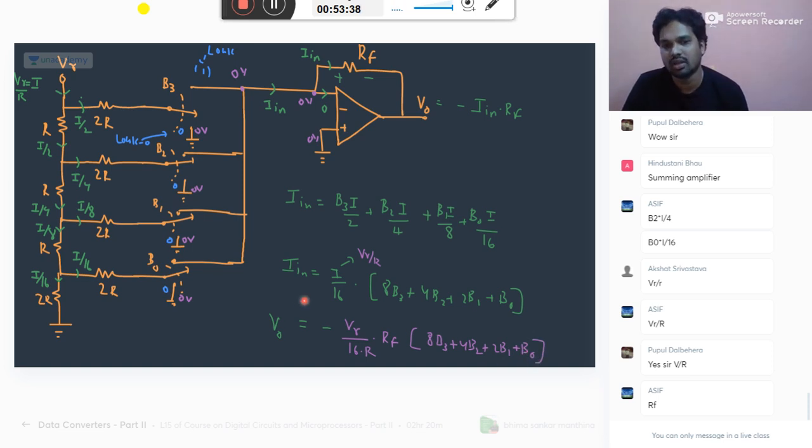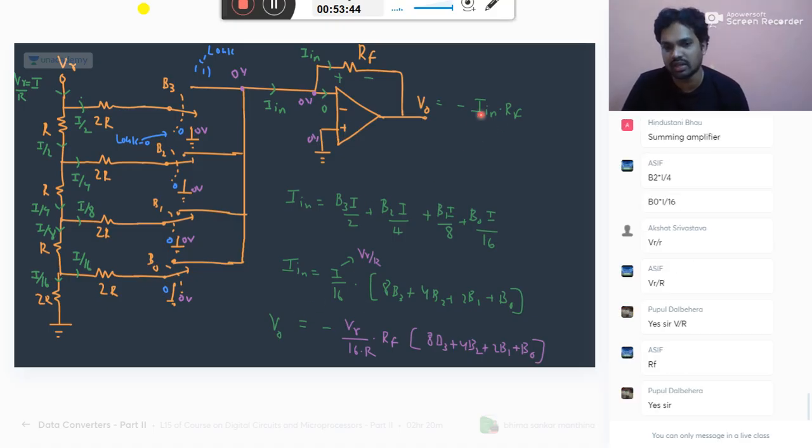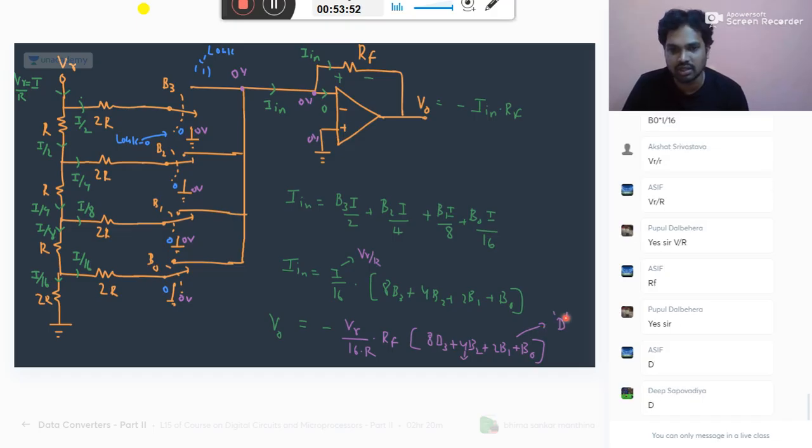You understand this? I replace I with VR by R, multiply with RF, and you get V0. Just a normal mathematical equation. So this part can be replaced by D, for decimal equivalent.